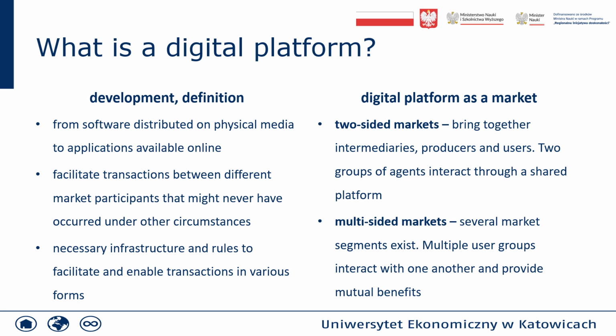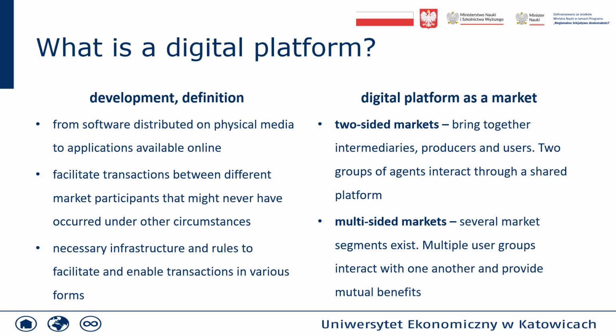Digital platforms are also associated with multi-sided markets, where several market segments exist, each with different values, levels of development, and objectives. The key distinguishing feature of multi-sided platforms is the presence of multiple user groups interacting with each other and providing mutual benefits.